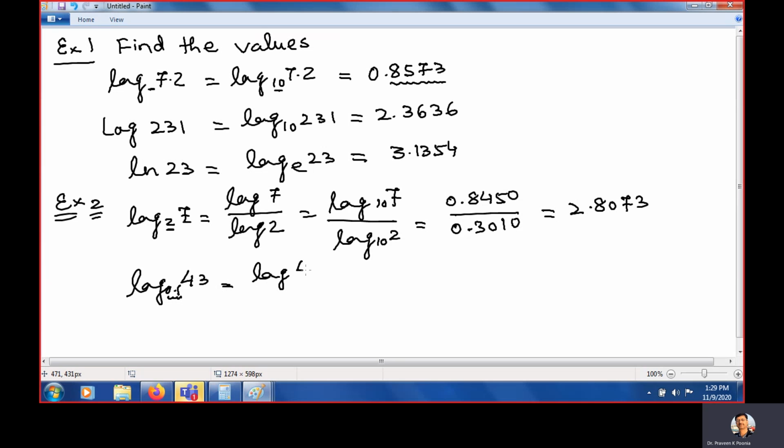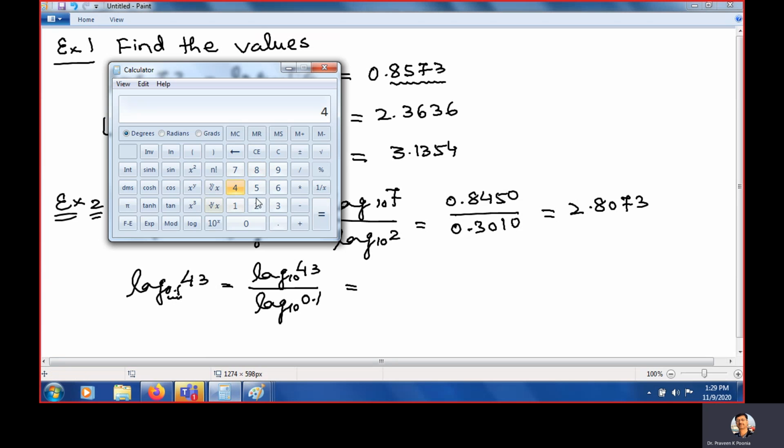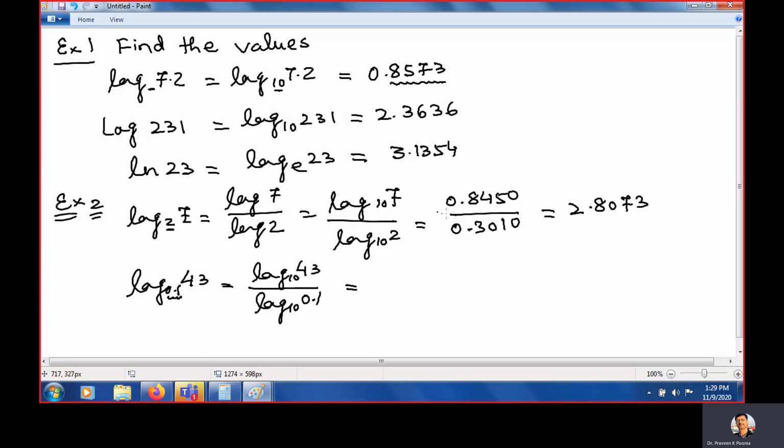It is log 43 base 10 upon log 0.1 base 10. Clear? So how are we going to do it? Let us check the value of log 43. 43 log gives 1.6334. This is the value of log 43. Now log 0.1.